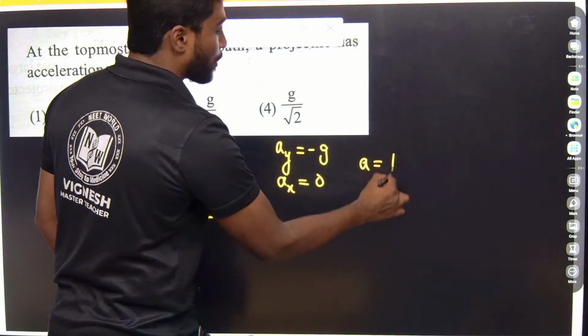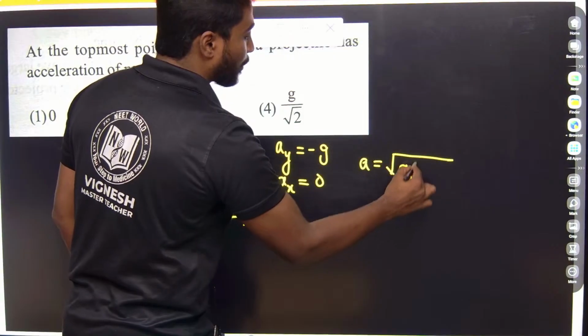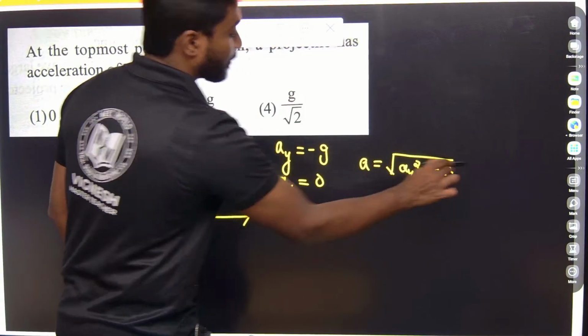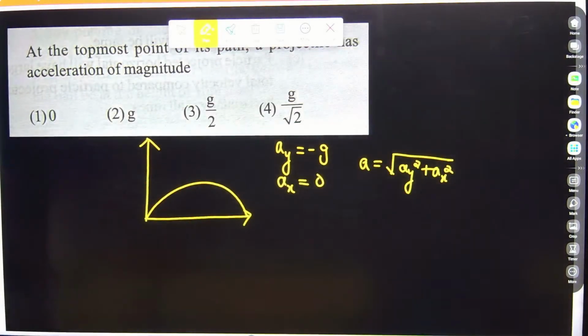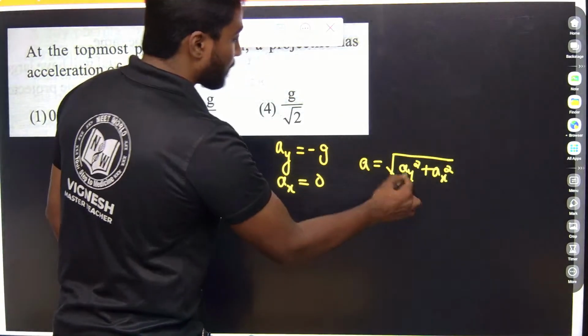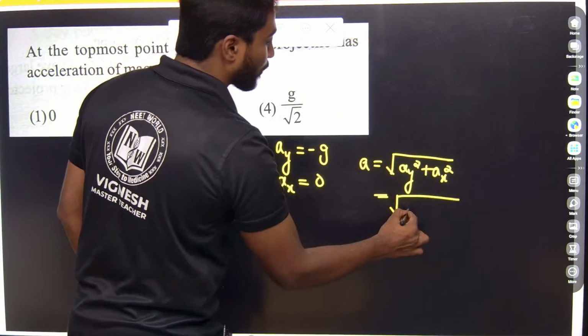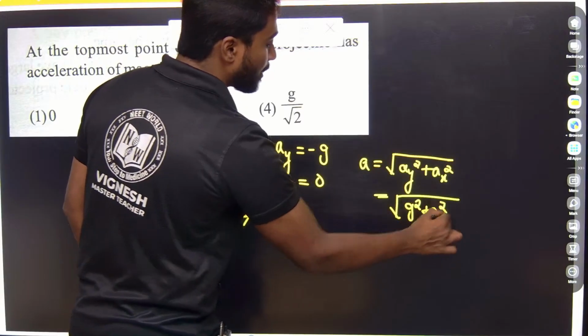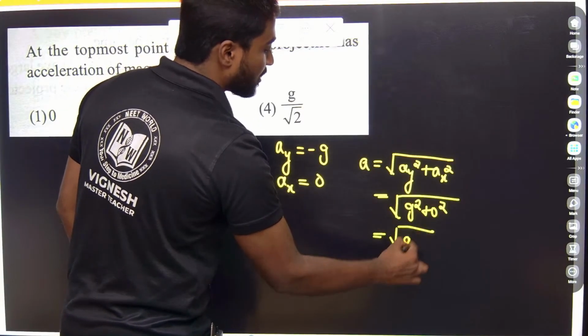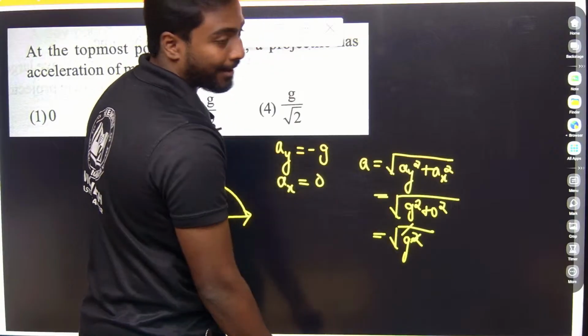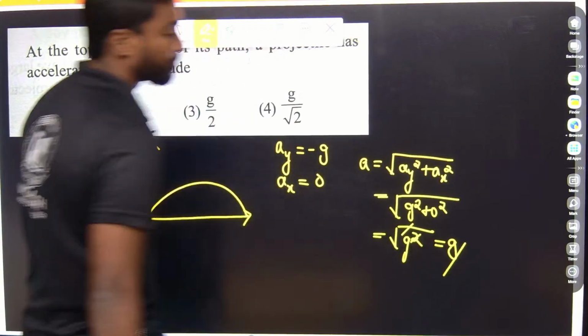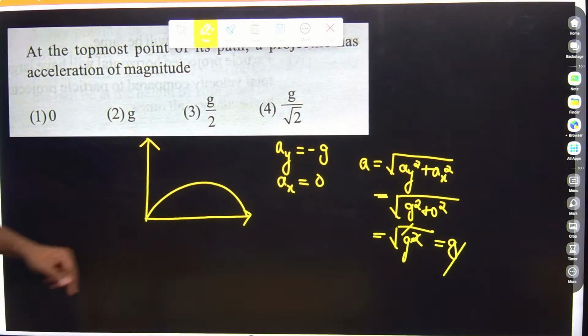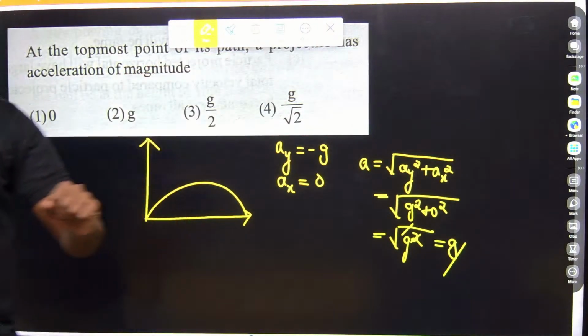So a will be equal to under root of ay square plus ax square. This is the magnitude. What is ay? Ay is minus g, so minus g the whole square will be g square plus 0 square, which is equal to under root of g square. Square and root will get cancelled off, it will be g. Okay, completed now? Got it?